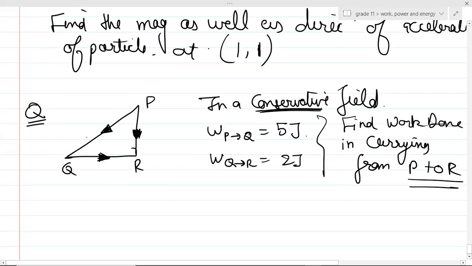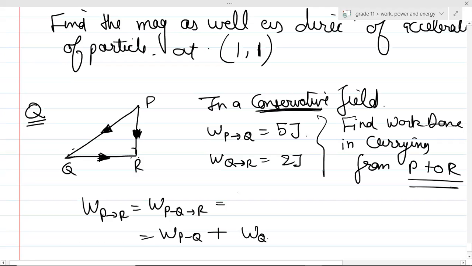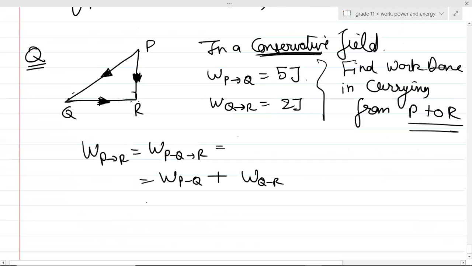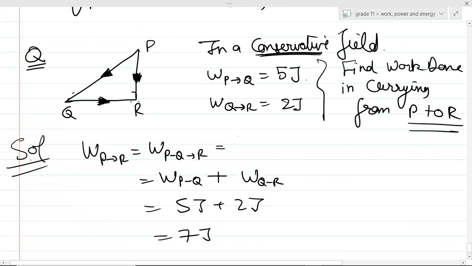If you go from P to Q, then Q to R, or directly from P to R, the work done should be the same. So the work done from P to R equals the work done from P to Q to R. Take the hint, which is very important. This will be 5 joule plus 2 joule, and the answer will be 7 joule. It is an oral question only.